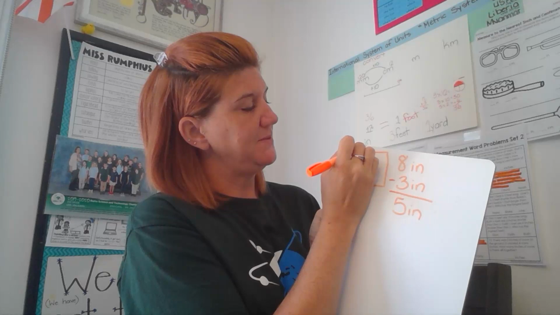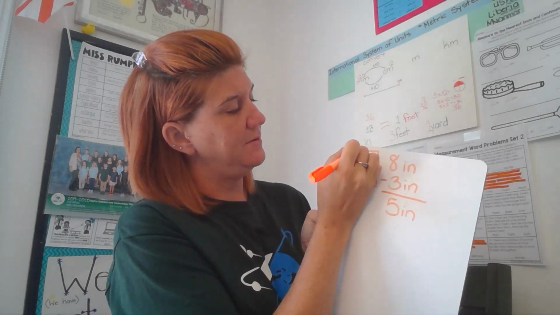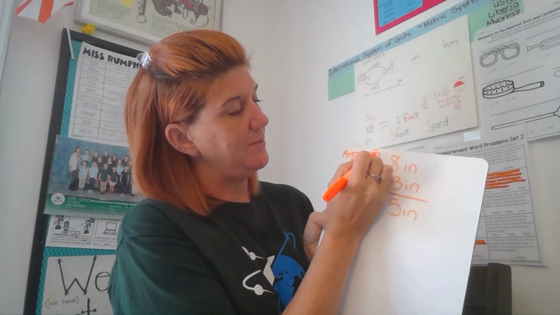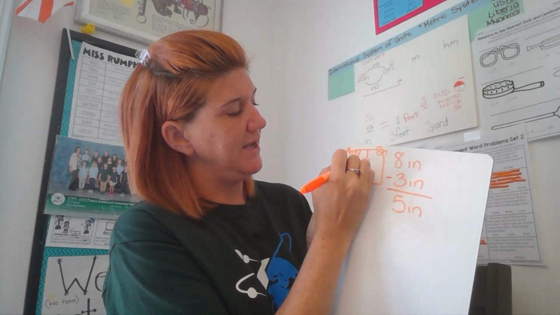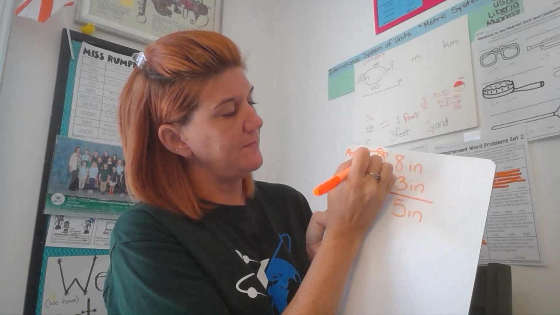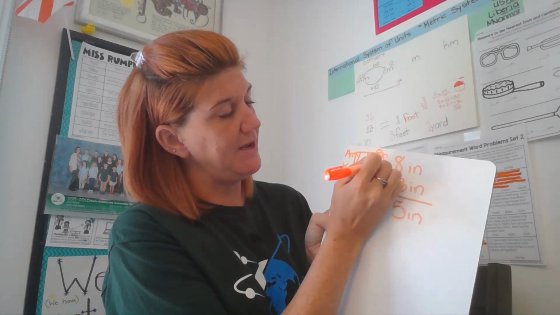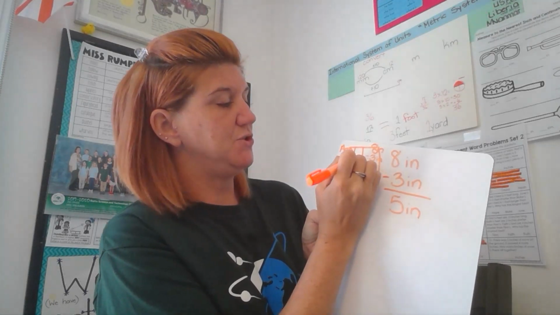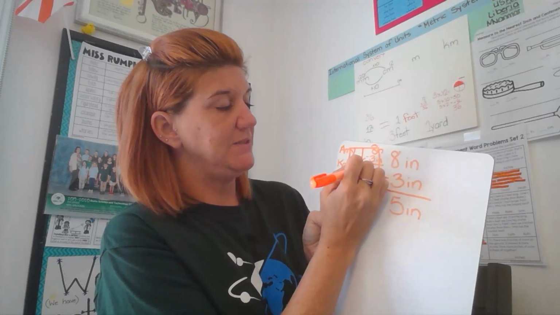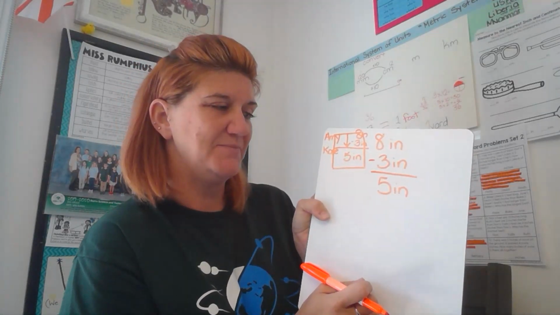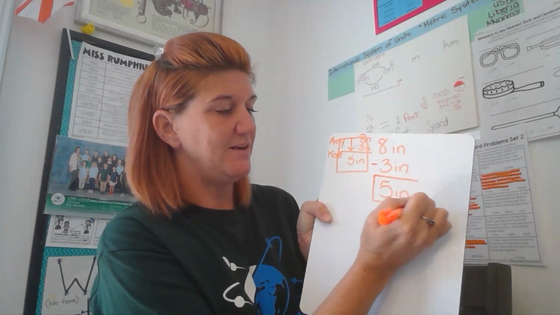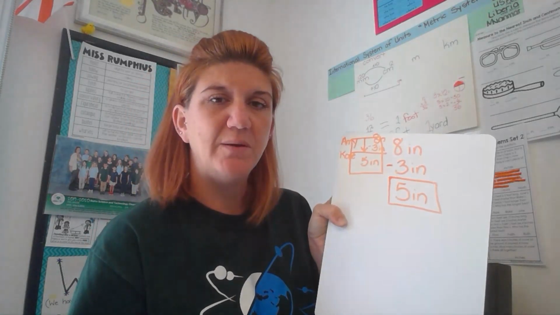Well, again, if this was Amy's paper, and Amy's paper is 8 inches long, and we said Kate's paper is 3 inches shorter, then Kate's paper is 5 inches long. There's our answer for number 5.